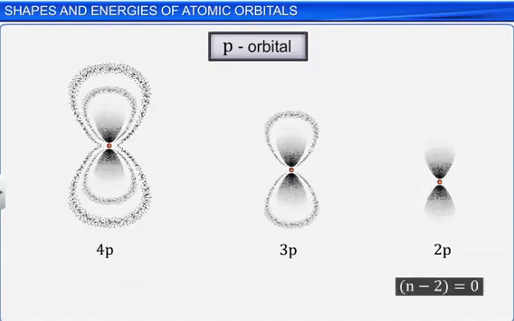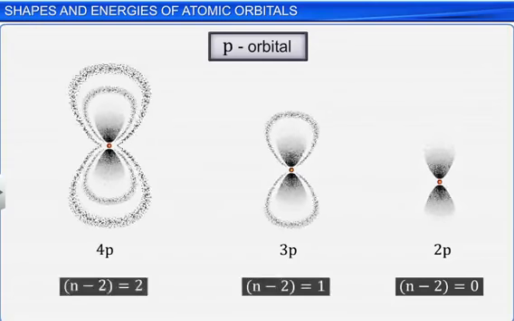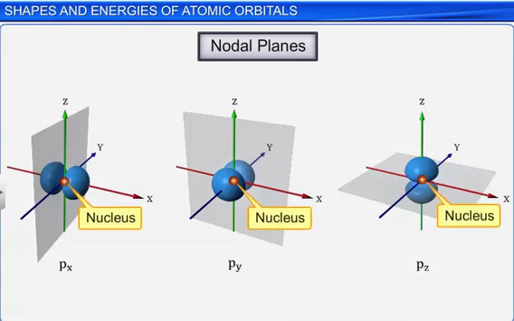In addition to these radial nodes, for np and nd orbitals, the probability density function is also 0 at planes passing through the nucleus. These planes are called nodal planes. Number of nodal planes for a p orbital is 1.